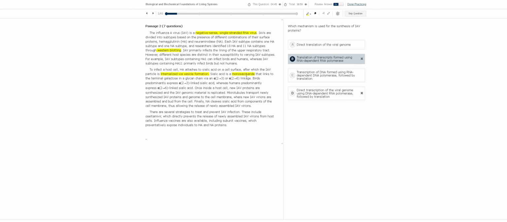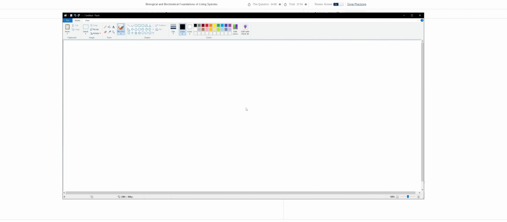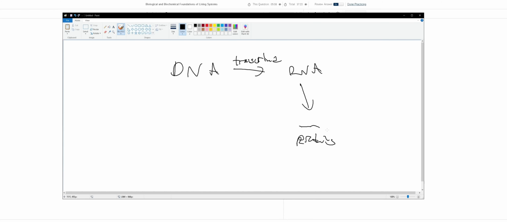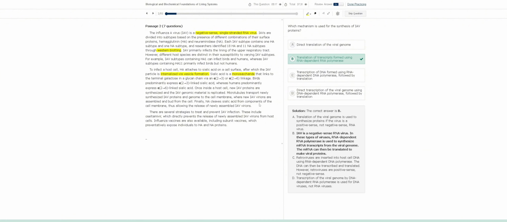The virus comes in in the form of DNA, and then it gets transcribed into RNA, and that RNA is used to make proteins, etc. But we're dealing with an RNA virus, not a DNA virus, and so these are the incorrect answers. Just leave in B, and B is our final answer, and that is correct.